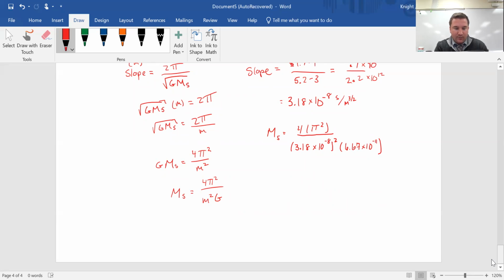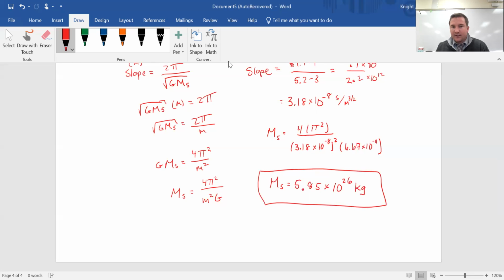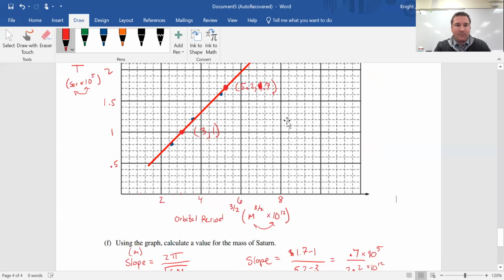This is going to be a huge number, squared times 6.67 times 10 to the negative 11th gives us 5.85 times 10 to the 26th. Hopefully my units checked out and I get kilograms there. There is the mass of Saturn. All right, so there's problem number 2.